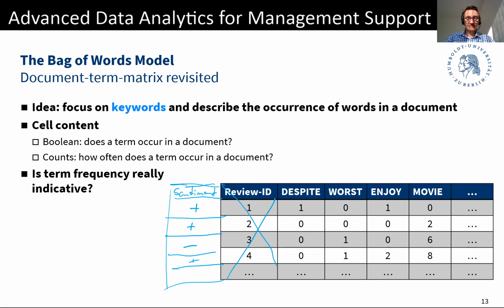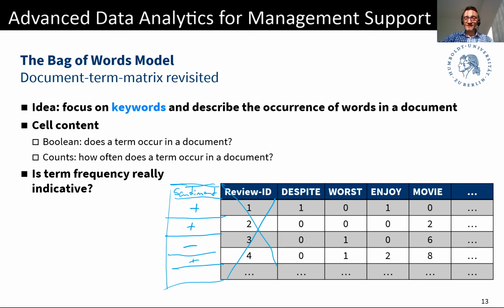The bag of words, the words, the distinct tokens, they give us the features, and we can use these features to predict the sentiments, or at least we could try to. And again, the numbers in the matrix, they could represent the number of occurrences of a word in a document. That works.